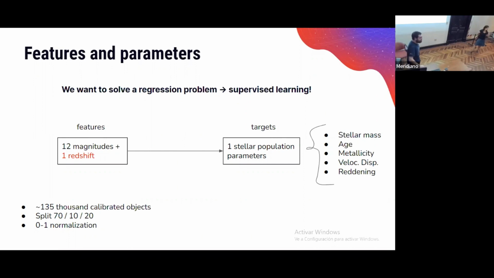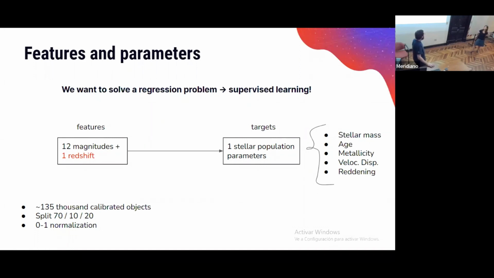I think that the most important thing to do is to train all parameters simultaneously. In this case, the architecture of the network will be somewhat more robust if it has to predict stellar parameters at the same time.